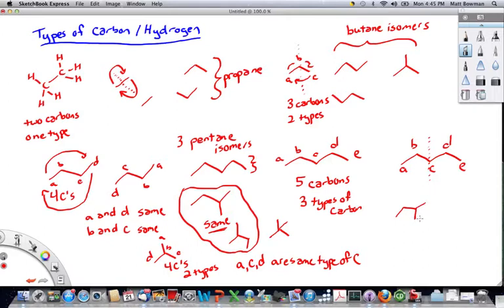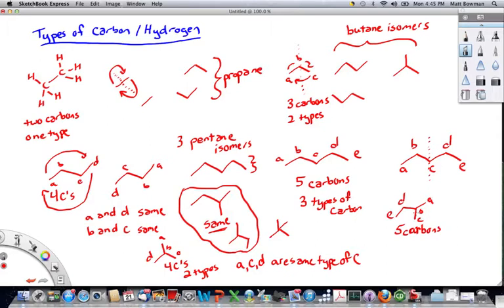Now if we take a look at this pentane isomer, we have, again, 5 carbons. But we only have 1, 2, 3, 4, 5.